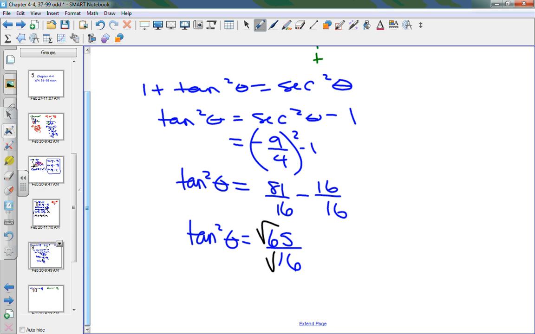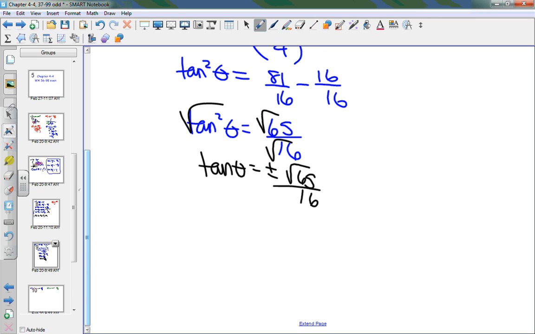Now whenever I take the square root of this thing, technically I should have a plus or minus going on here. However, which do I want? The positive or the negative? Why do I want the positive? Because I'm in quad 3.